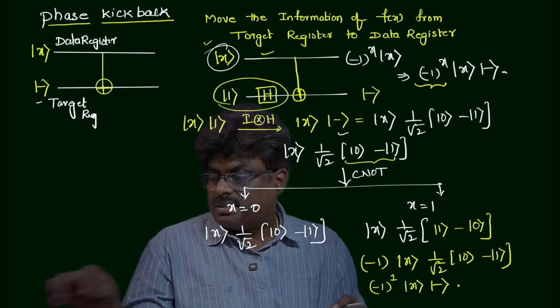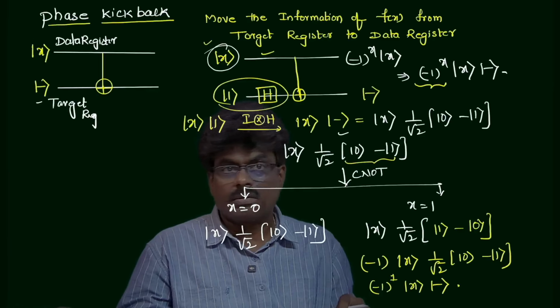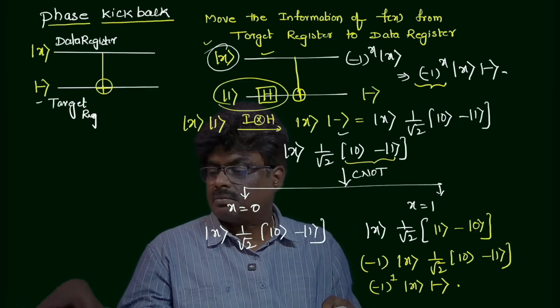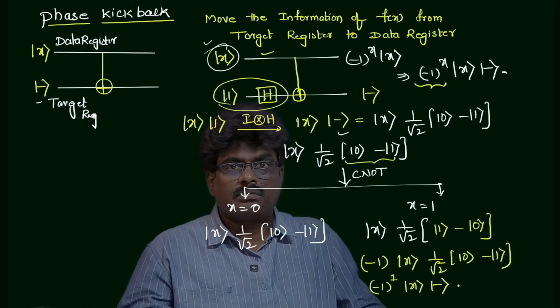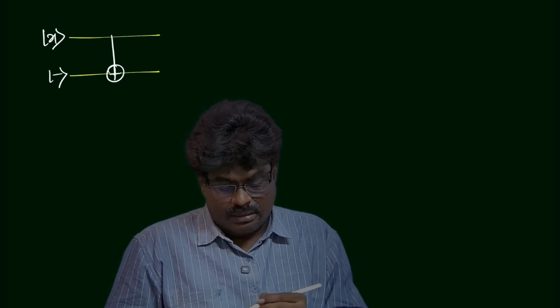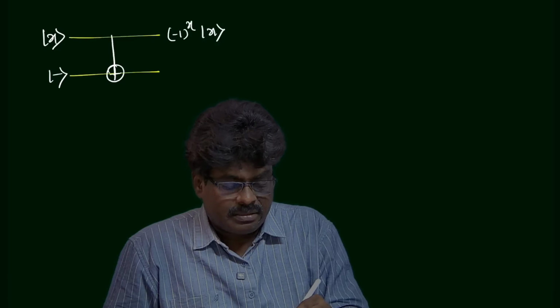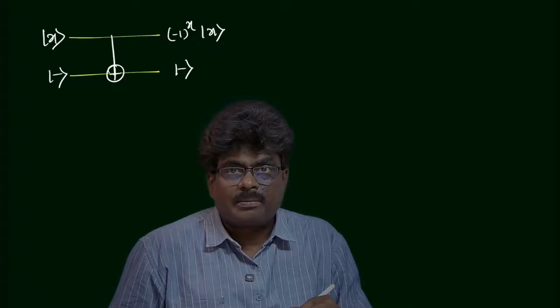If you want to generalize this, for example, let me take like this. Here we have two qubits. Let us say this is X, and this is minus, and let me write this one more time. This gives minus 1 whole power X, and minus as it is.